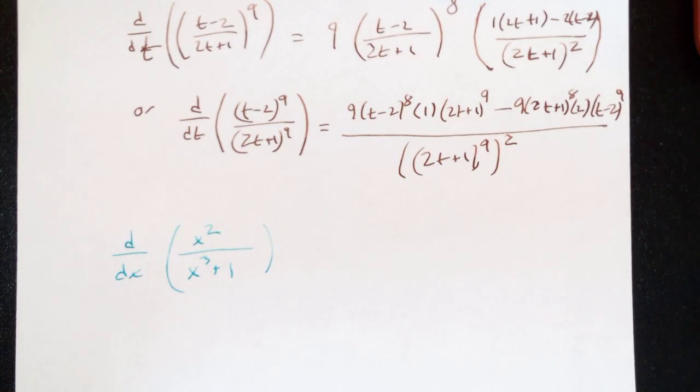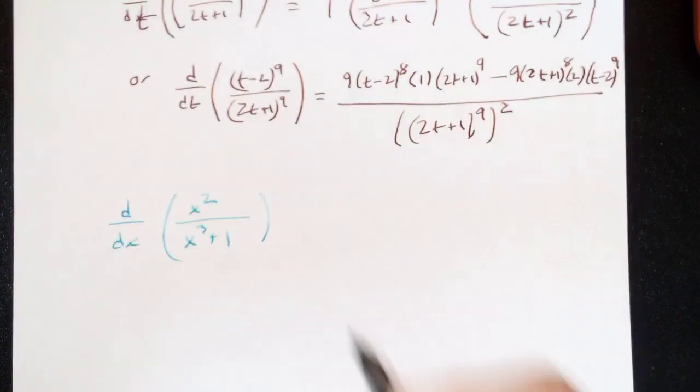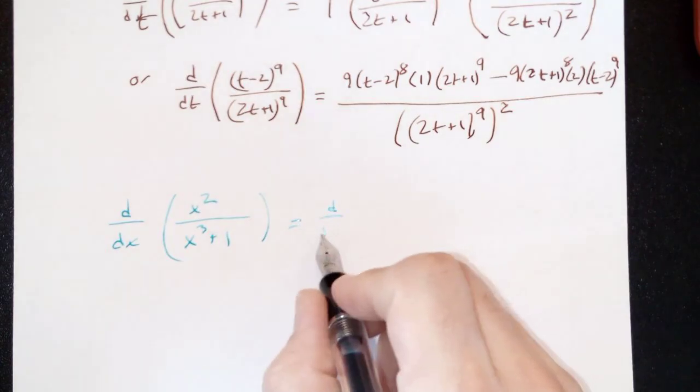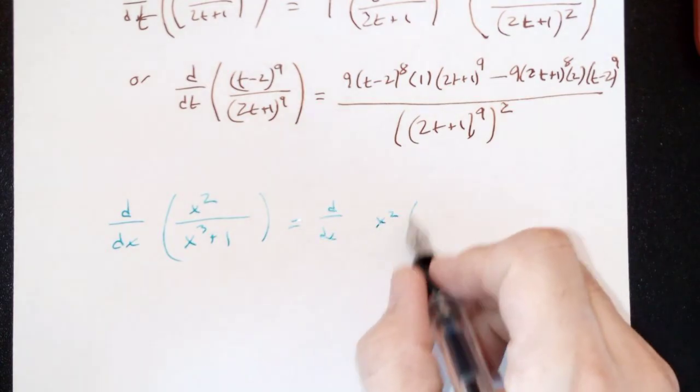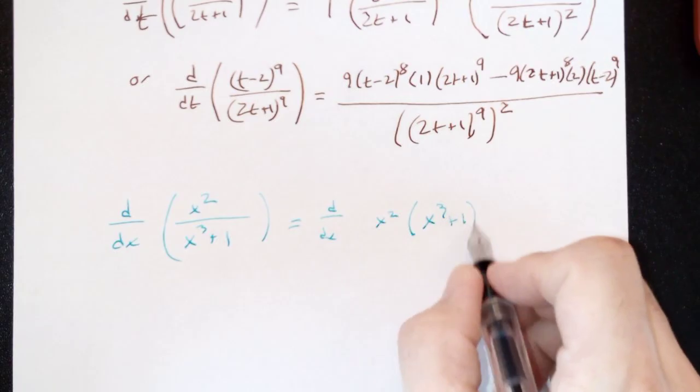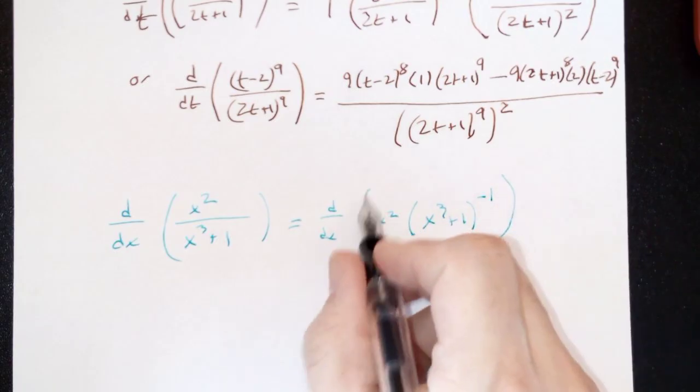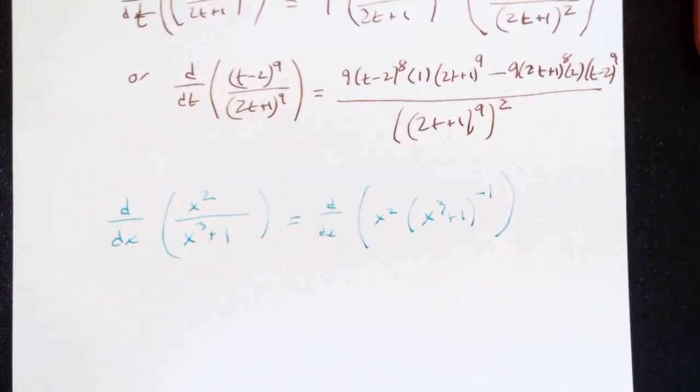The quotient rule sucks. So I'm going to change this from a quotient to a product by taking that thing out of the bottom to the -1 power.